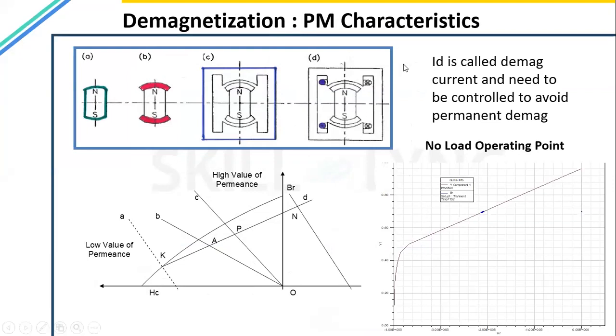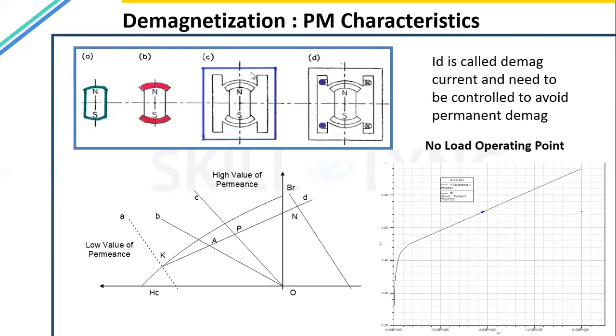The other thing is the demagnetization of the machine. When we use permanent magnets, you can see here a simple topology where the permanent magnet is being used.